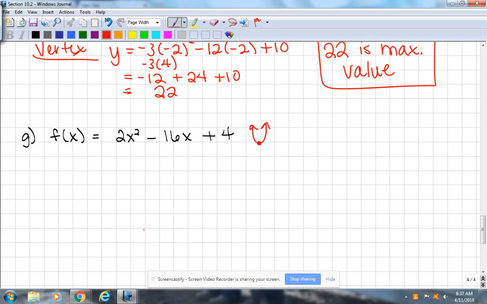At the bottom, so it's a minimum. And if you wanted to find the minimum value, how would you do that? Find the axis of symmetry, and then you would do what after that? Plug those in for all your x's, and then get your y value for your vertex, and that would be your minimum value. Got it?